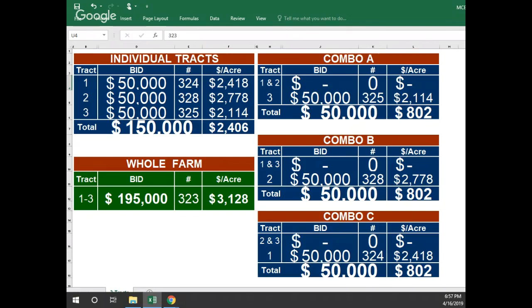Any further interest, guys? Yes. 60,000 on track 3. Track 3 goes to 60,000. That bidder number is 330.